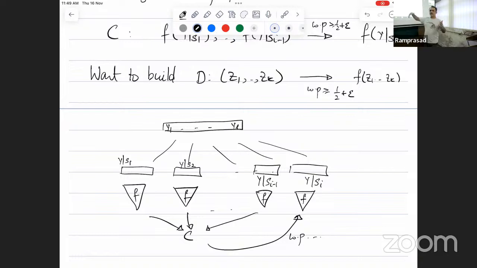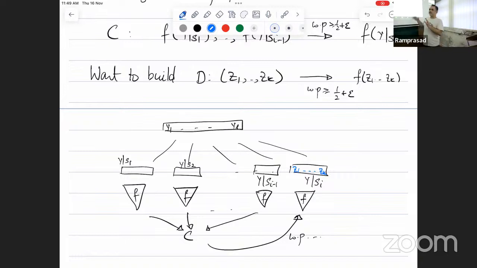So this entire process seems to involve taking some specific Y's and doing something on top of it. Whereas Z only has k bits as input. So if I want to somehow engineer that into it, I need to somehow induce those k bits somewhere inside. So the most natural choice to put those k bits seems to be to put it here, because that's what you're finally managing to predict anyway.